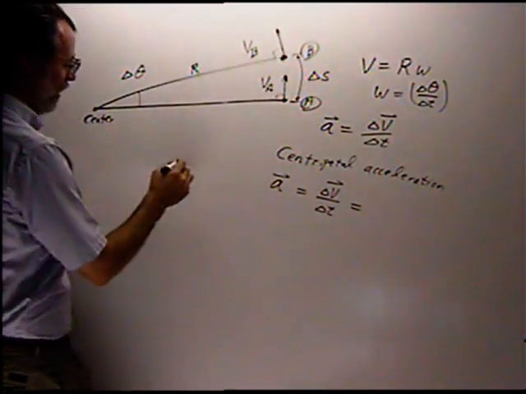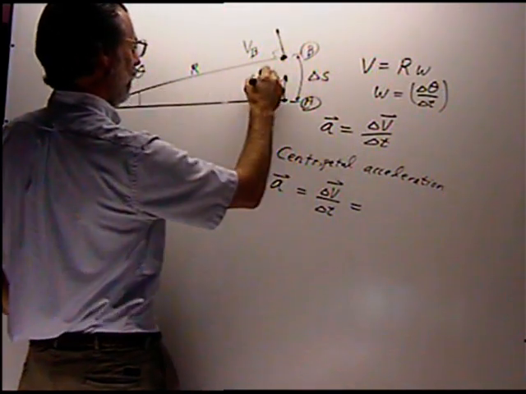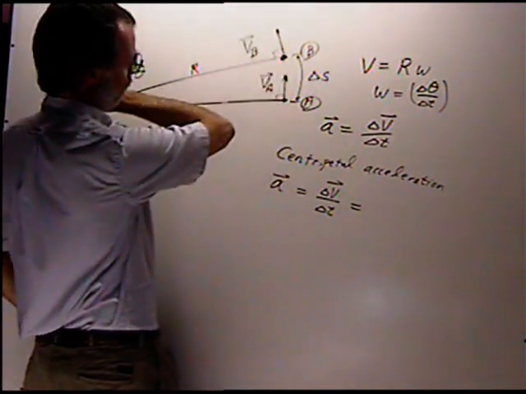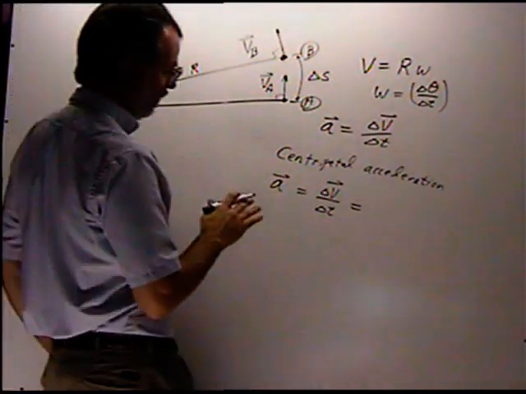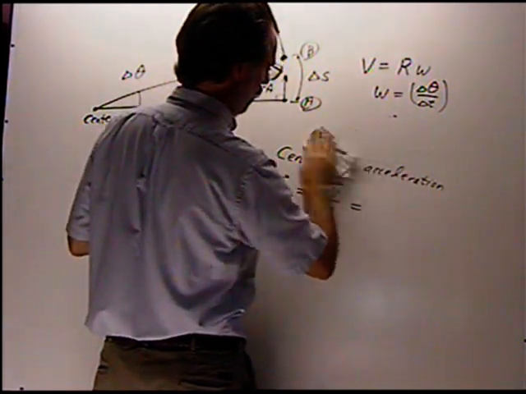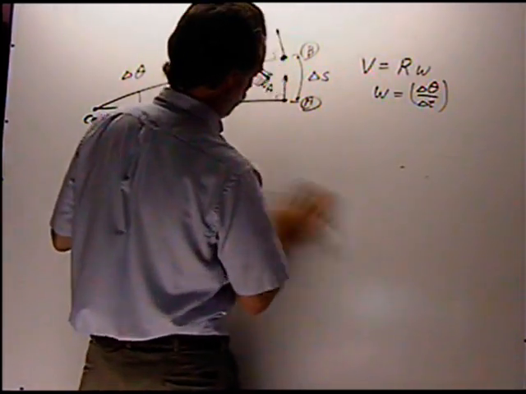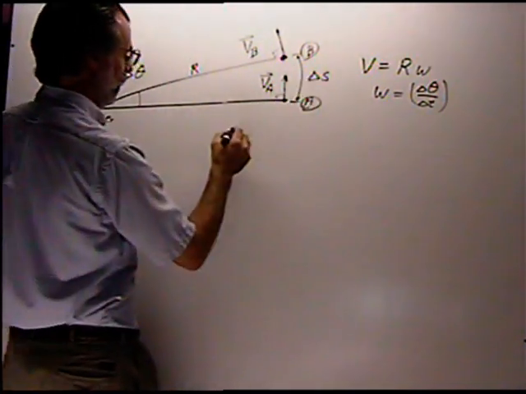What we have is that these are two vector quantities. That's a vector, and this is a vector. Let's look at this again.